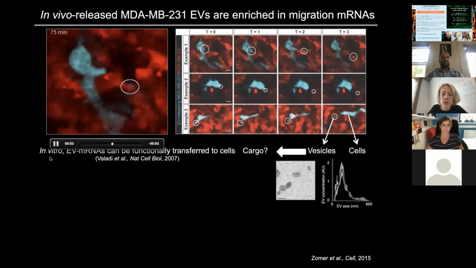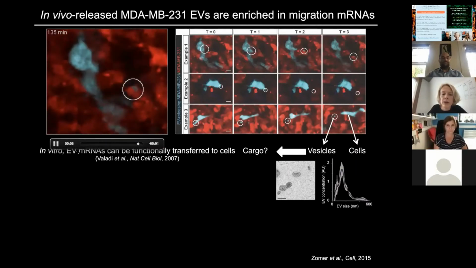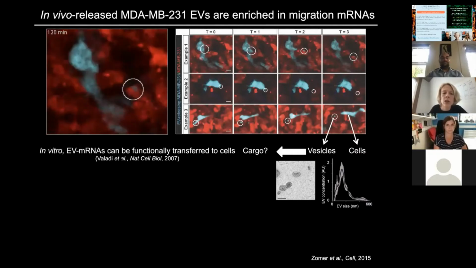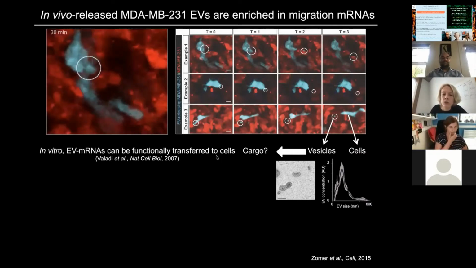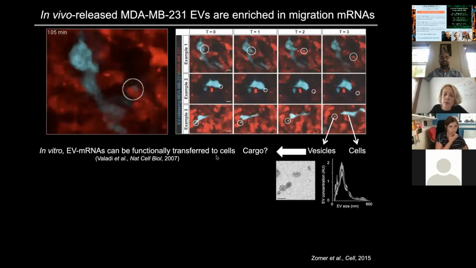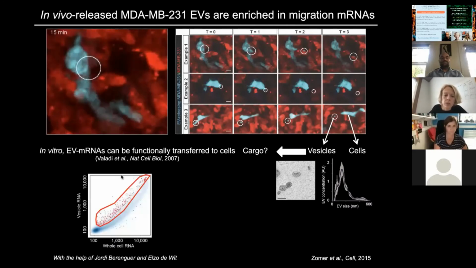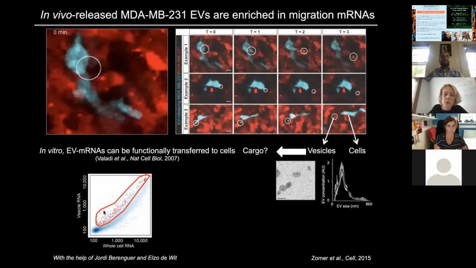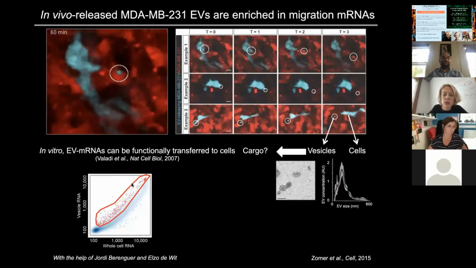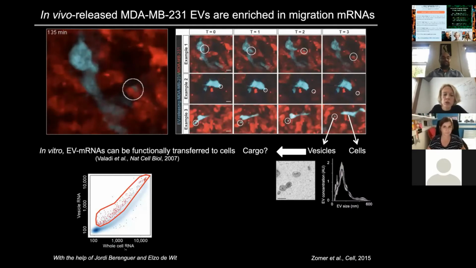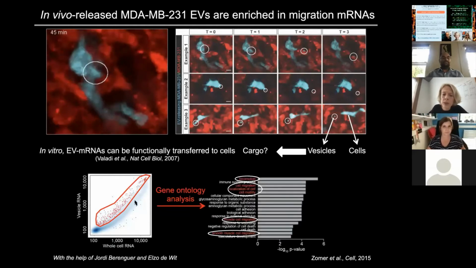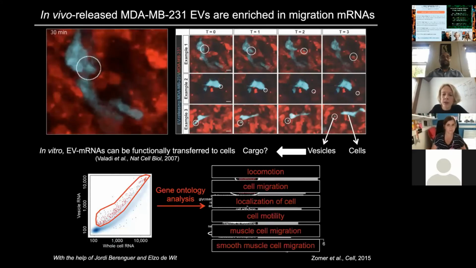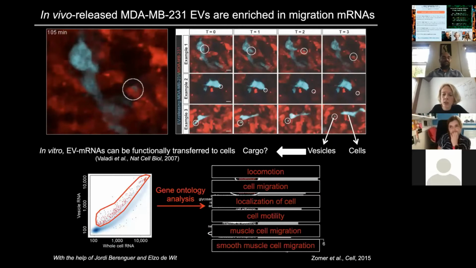Since in vitro experiments had already shown that extracellular vesicles can carry messenger RNAs that can be functionally transferred to recipient cells, we performed a gene expression analysis of vesicles compared to whole cells. And we found approximately 200 messenger RNAs that are enriched in vesicles compared to cells. And when we then performed a gene ontology analysis, we observed many pathways that are involved in cell migration and cell motility.